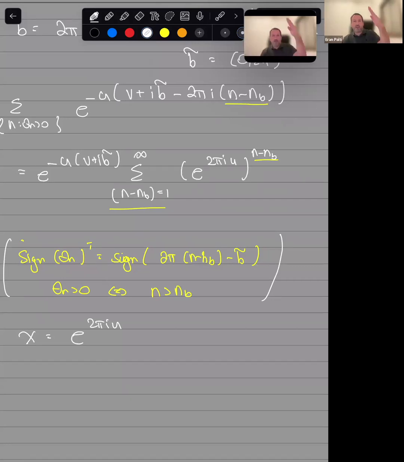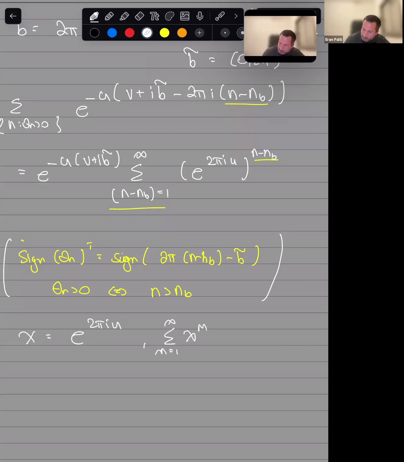Just because if you're integrating over positive thetas, then you know that the imaginary part of u is positive, and so e to the 2 pi iu has a negative real part in the exponent, so this is convergent, and so we have a series which is like this.